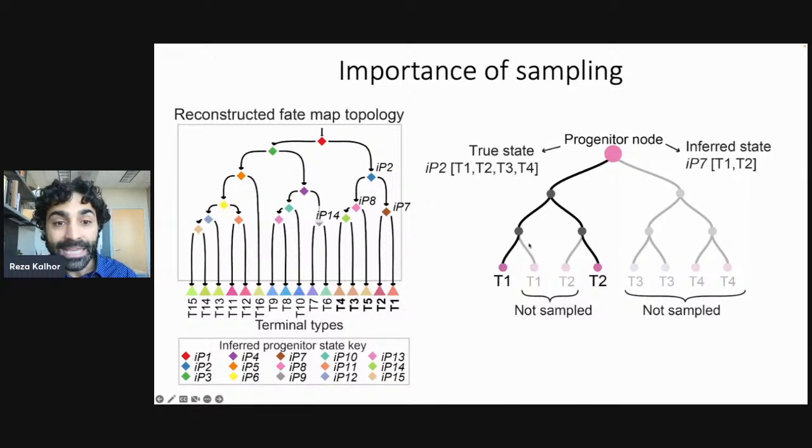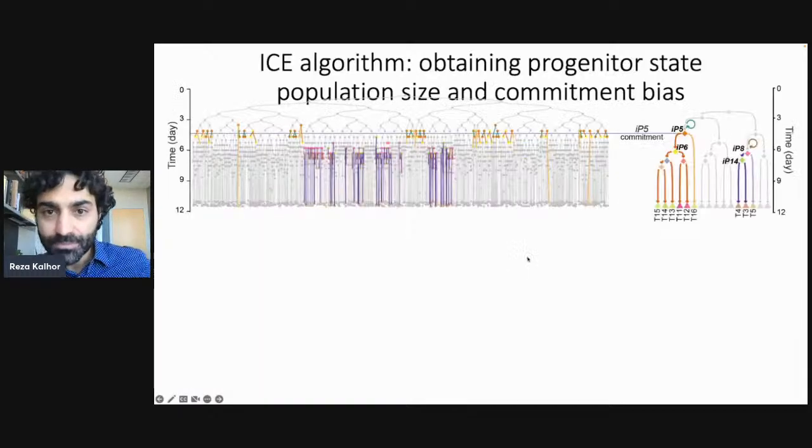But if I do not sequence all of the cells it gives rise to, and by chance, because I'm sequencing thousands out of millions or billions of cells, I just capture T1 and T2, I will think this was an IP7, a less potent progenitor state. So when the sampling is low, we end up misassigning progenitor states, and the commitment times that we estimate suffer.